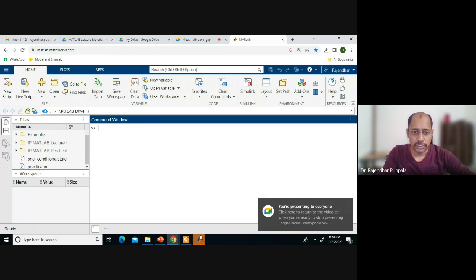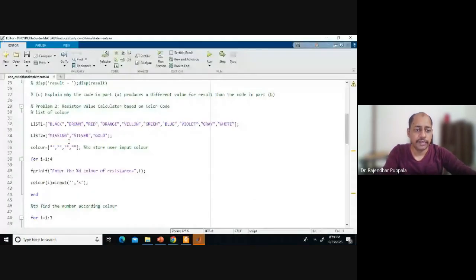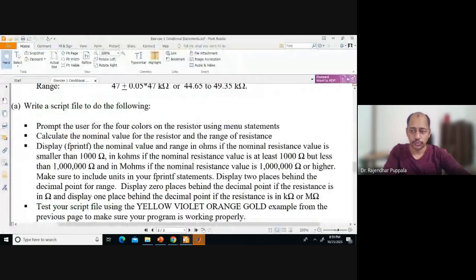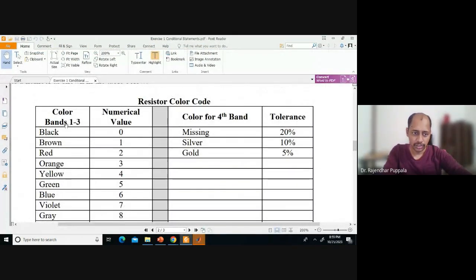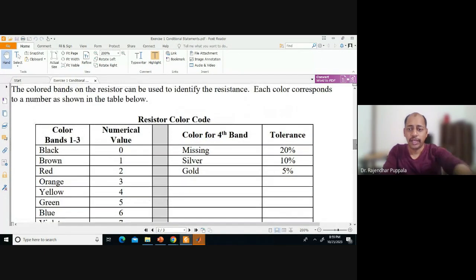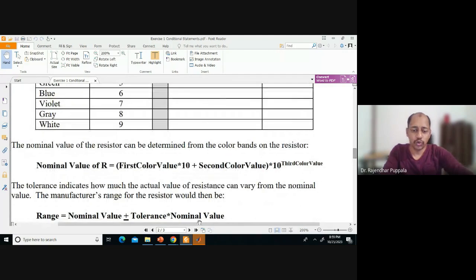I'm considering a string, right? We are having two sets of colors. One is list one and another one is list two. So this is list one. And the second set of colors is missing, silver and gold, right?